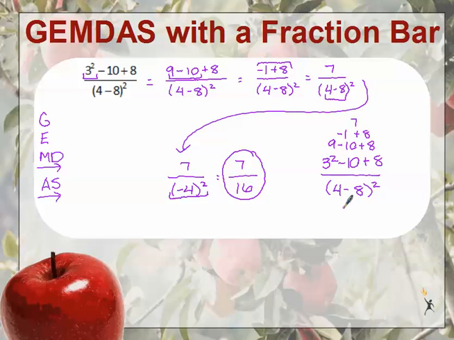Then you could do it on the bottom. You could say, I'm going to solve this part first, so I get negative 4 to the second power, and then I get 16, and then I smush these two together over here as 7 over 16. So that's another way that you could solve the same kind of problem if you have difficulty with those fraction bars. Just make sure you try to divide this at the end.